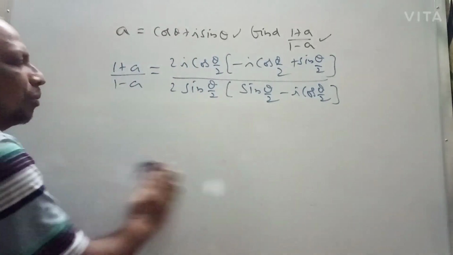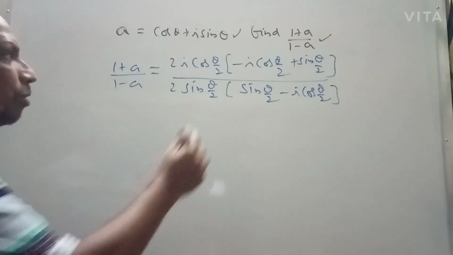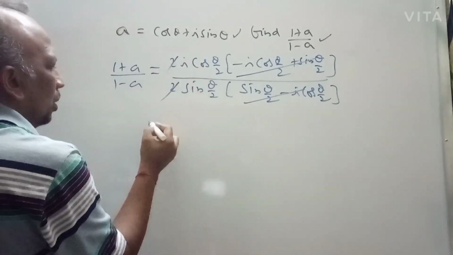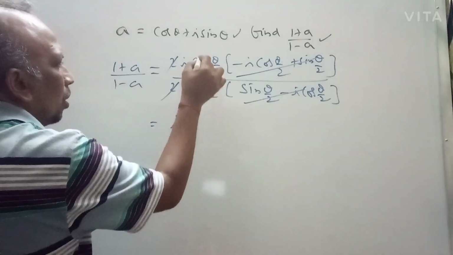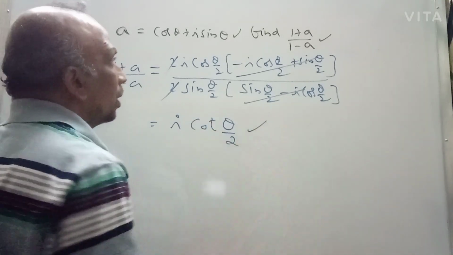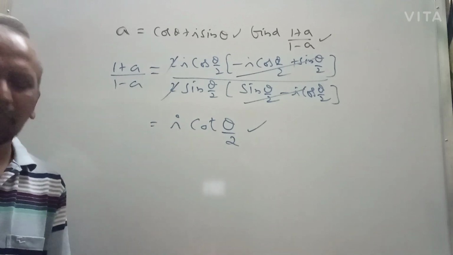That is the purpose I have written it like that. If you eliminate the common factor, now you will get 2, cancel i, into cos by sin. You will get cot theta by 2. So this is the required result.